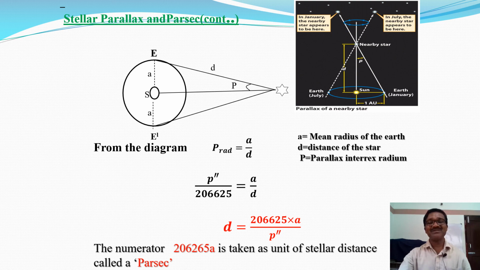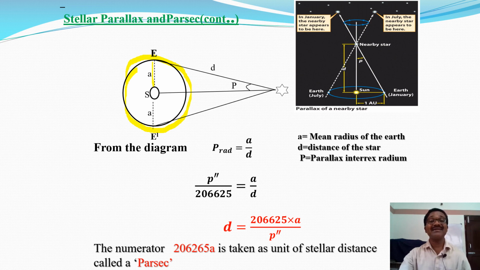So look at this picture. This is the path of the Earth around the Sun. This is the mean radius of the Earth's orbit. We consider two positions, E and E dash. When you are here, focus on the star.